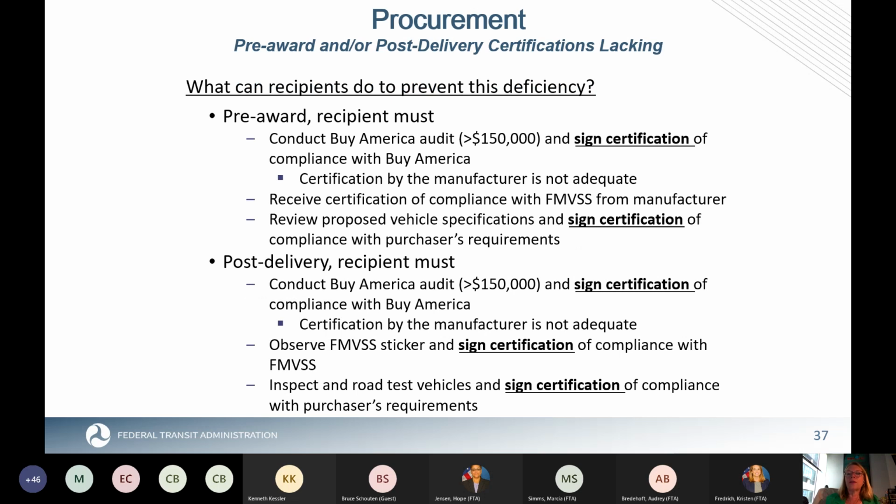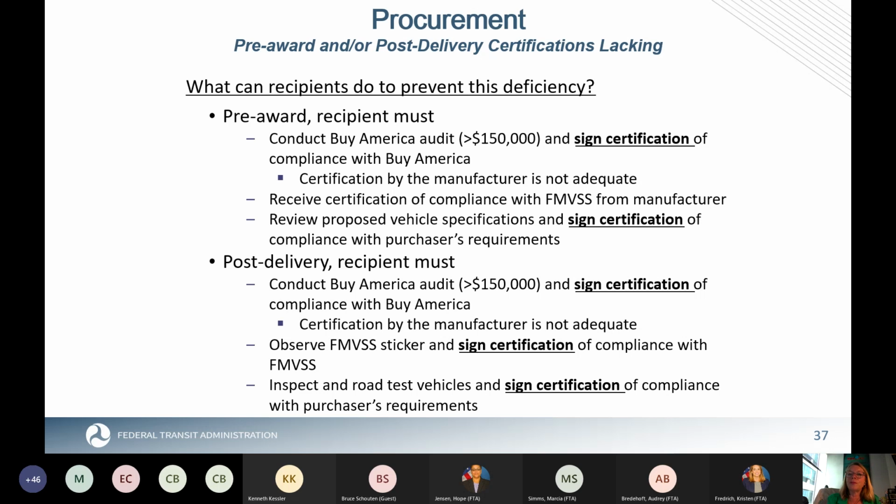So some of it is all about understanding what you're supposed to do. As reviewers, we're looking for really 5 certifications. We're looking for 2 at the pre-award stage and 3 at post-delivery. So at the pre-award stage, you need to conduct the Buy America audit and sign a certification that it's in compliance with Buy America. That sub-bullet notes that this is not what is provided by the manufacturer.